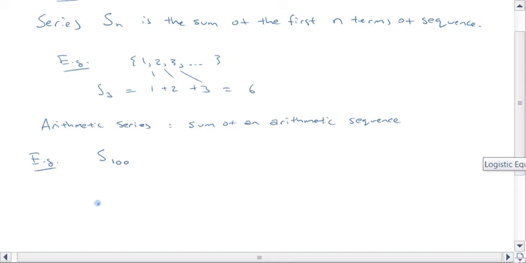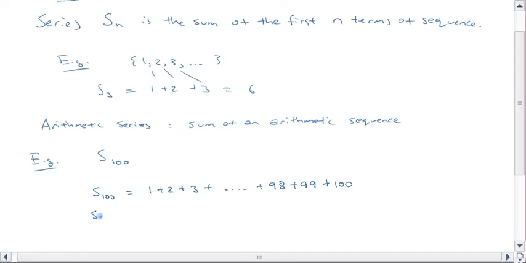So what I'm going to do is work this out for you. I could say S100 is 1 plus 2 plus 3 plus etc. all the way up to 98 plus 99 plus 100, right? Okay, so I could say that.